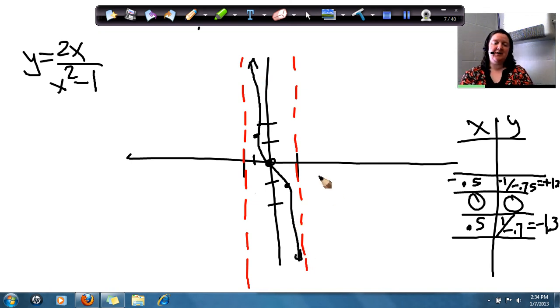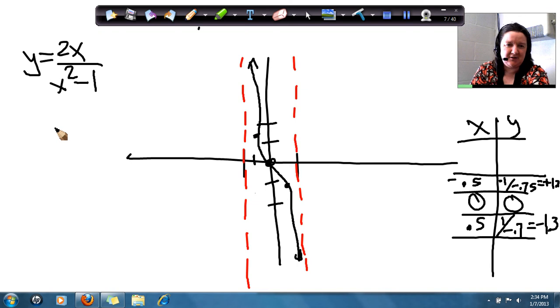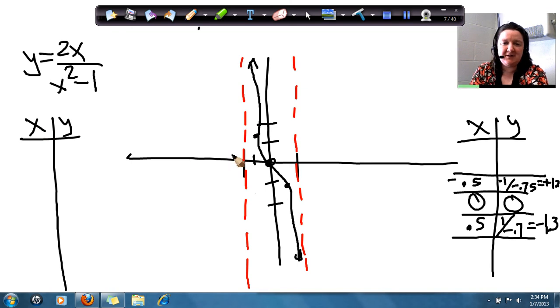Now we need to try a few points that are on the left and right of our asymptotes. So let's make another table over here. If I'm thinking about some things that are smaller, let's do negative 2, negative 4, negative 6, just so we can get a span of numbers.